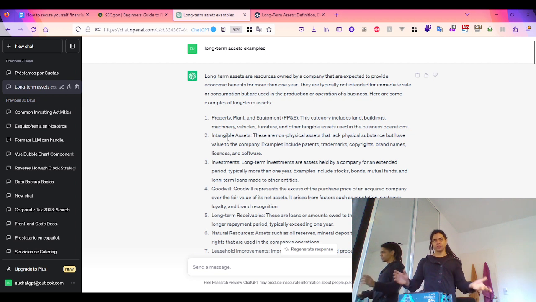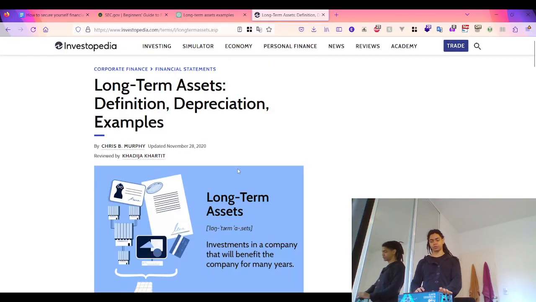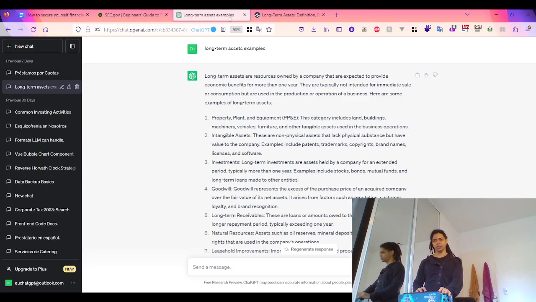So that's the whole point of long-term assets. Long-term assets are resources that a company owns that are expected to provide economic output or value in more than 1 year, or in the long run, for many years.